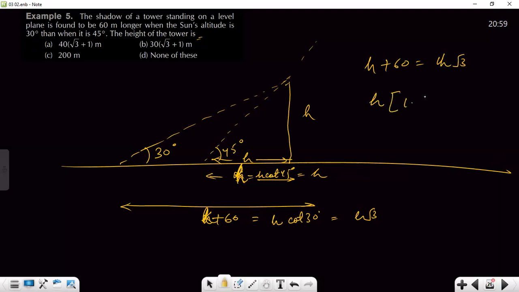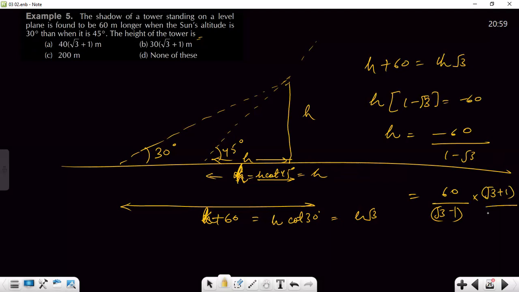Taking h common, h into 1 minus root 3 is equal to minus 60. So h is minus 60 divided by 1 minus root 3. Taking minus common, this becomes 60 by root 3 minus 1. Now rationalizing, how do we rationalize? By changing the sign.